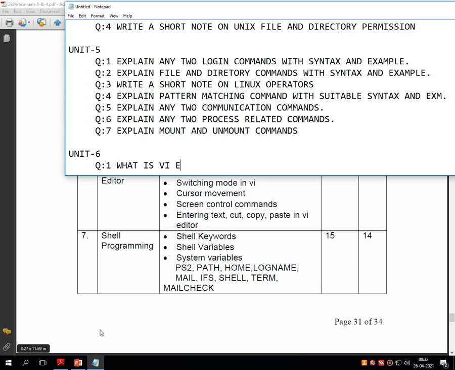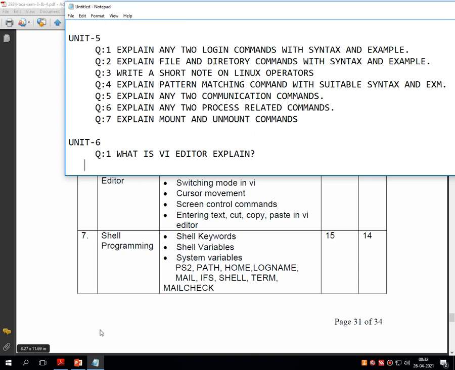What is VI editor? Explain. Write a short note on various switching modes in VI.